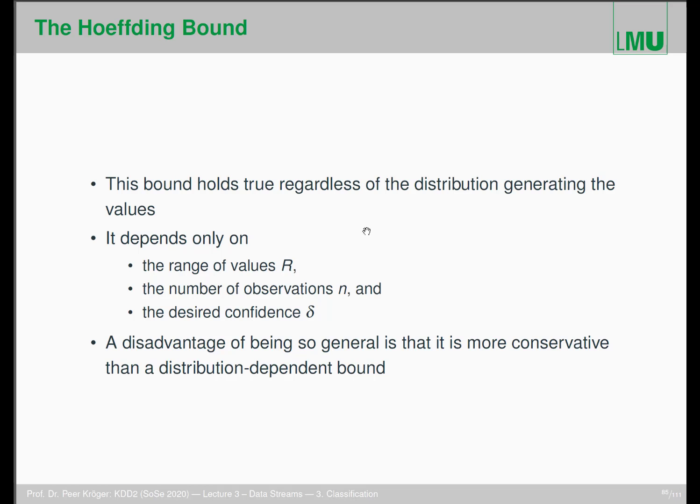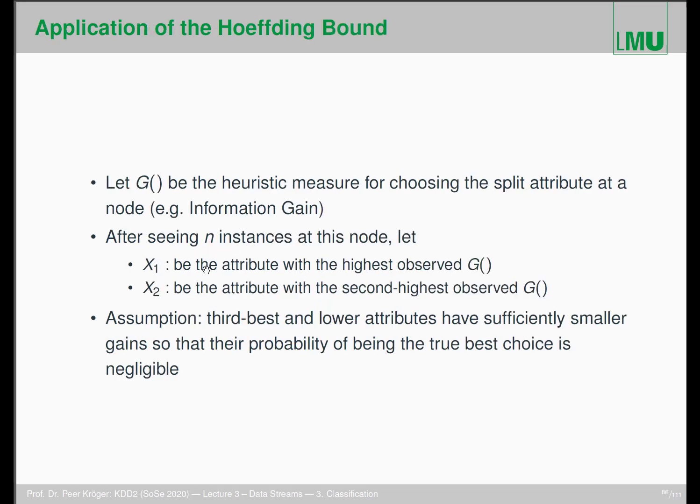So anyway, how does that help? Well, now let's consider G to be the heuristic measure for choosing the split attribute. For example, G is the information gain or the Gini index, whatever. And then let's assume that after seeing n instances at this node, x1 is the best attribute so far with the best G value, information gain value for example.